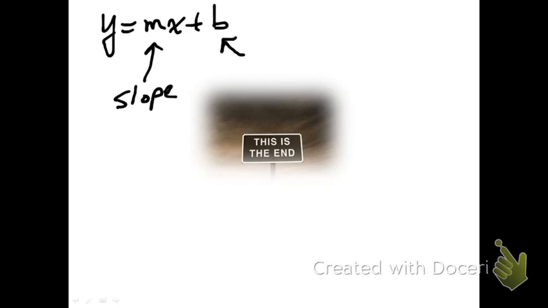Once you know your slope, pick one of the points, plug it along with your slope into the general form, and find your y-intercept. Plug those values into the general form again, and that'll be your equation of the line.